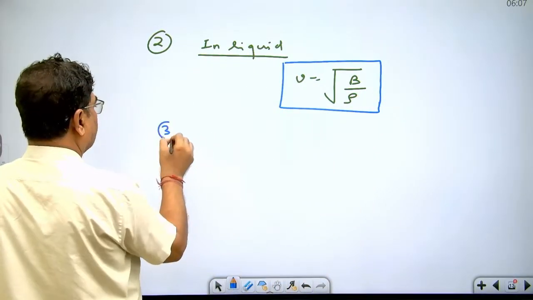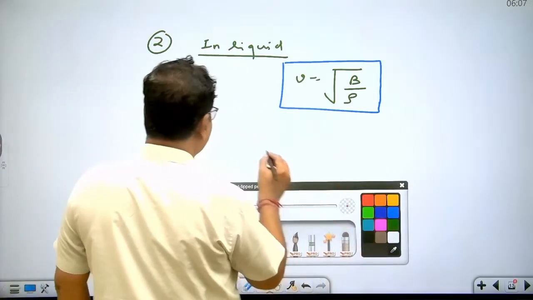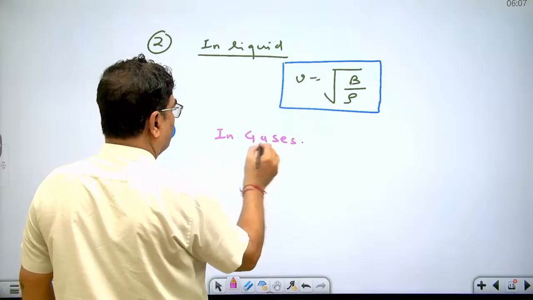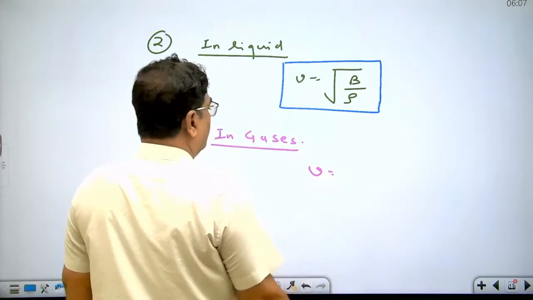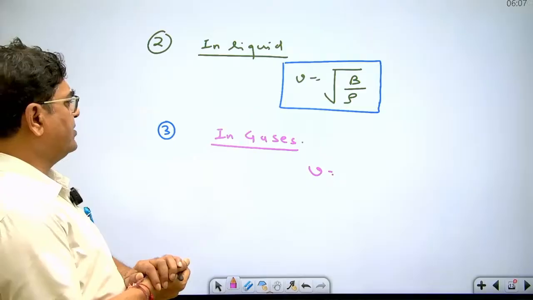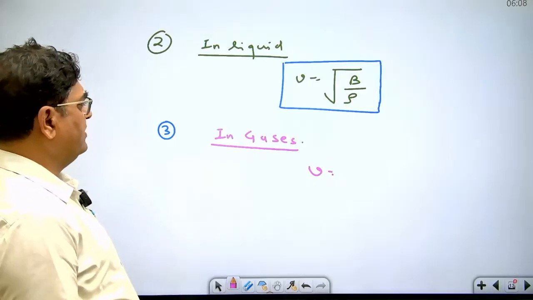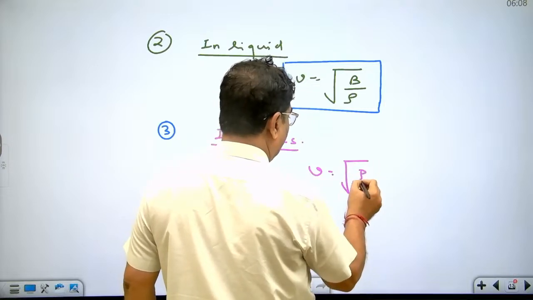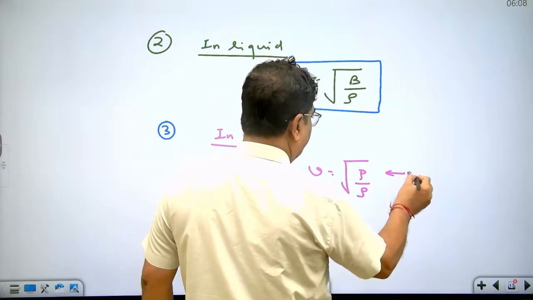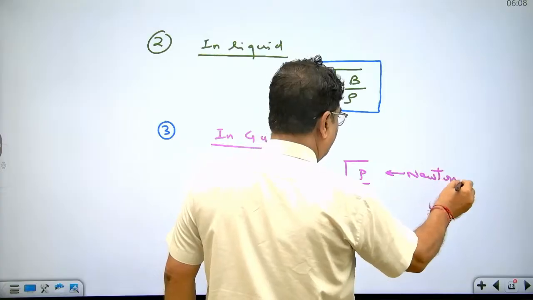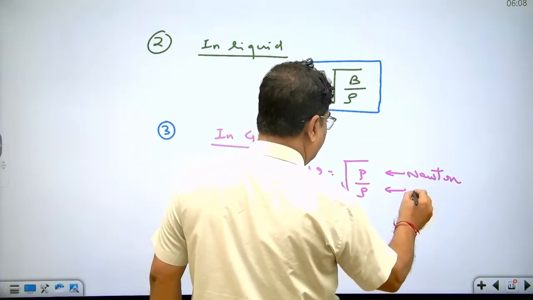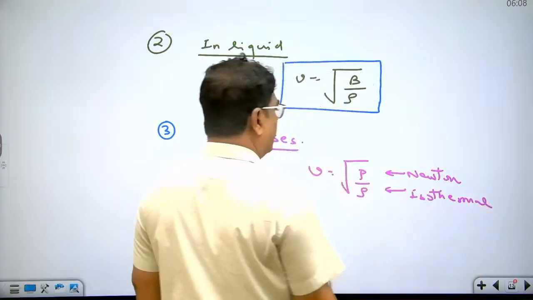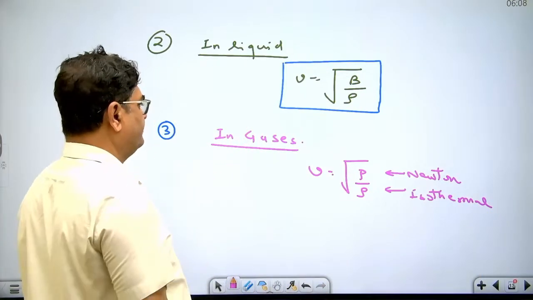Now if we talk for speed of sound in gases, in the beginning, the propagation of sound was assumed to be isothermal by Newton, but this was proved to be wrong. This was according to Newton, where propagation was assumed to be isothermal, and isothermal bulk modulus of elasticity is written as pressure.